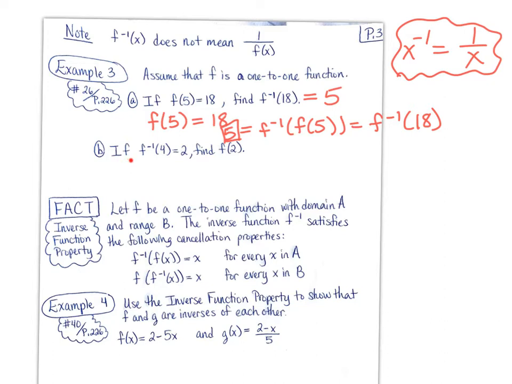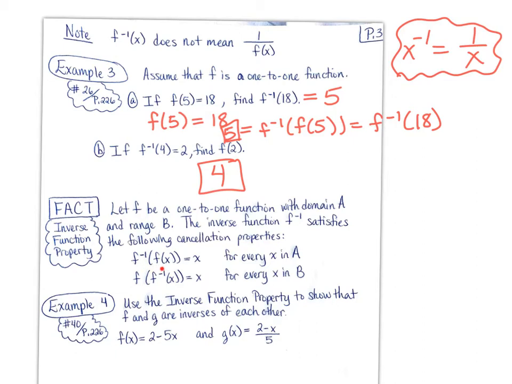So tell me B. If f inverse of 4 is equal to 2, what's f of 2? 4. Good. It's 4. Okay? So I kind of hinted at this property already, but now you have this inverse function property. The inverse function property says, let f be a 1 to 1 function with domain A and range B. The inverse function, f raised to the negative 1, or f inverse, satisfies the following cancellation properties.